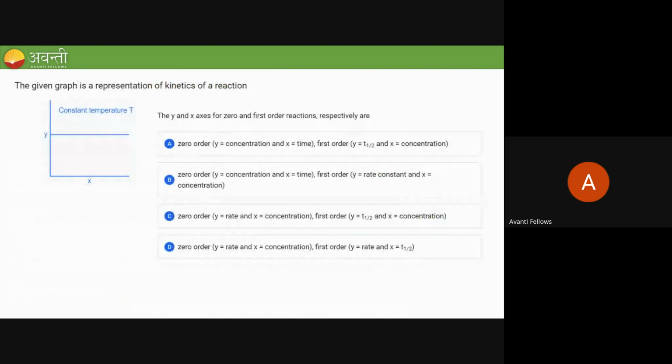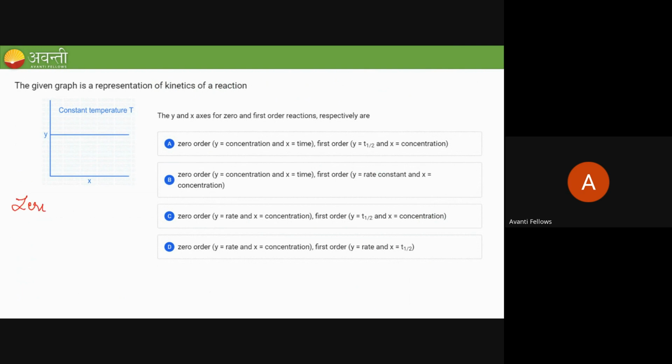The given graph is a representation of the kinetics of a reaction. The x and y axes are given in the 4 options. So first is zero order, the second is first order. For a zero order reaction, rate and concentration are given. On increasing the concentration of the reactant, the rate is not going to get affected for zero order.